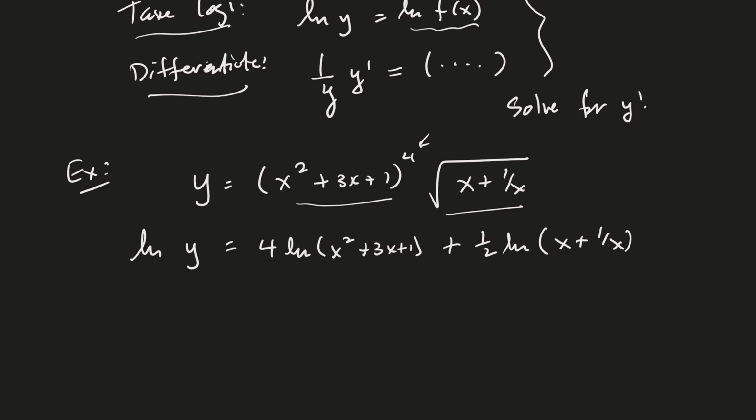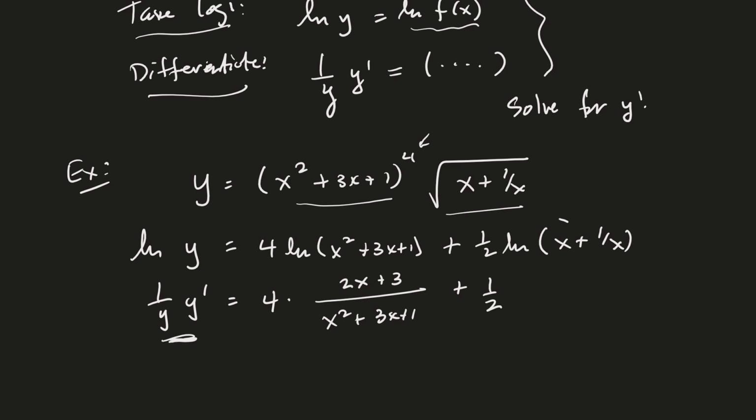Okay, and so I've taken the log of both sides, and now we differentiate using the chain rule. And this side will have to use the chain rule too, so 4 times, well, let's leave the numerator blank, x squared plus 3x plus 1 in the bottom, times the derivative, so that'll be the derivative on the top. Okay, 1/2, go ahead and rewrite that as x plus x to the minus 1 power.